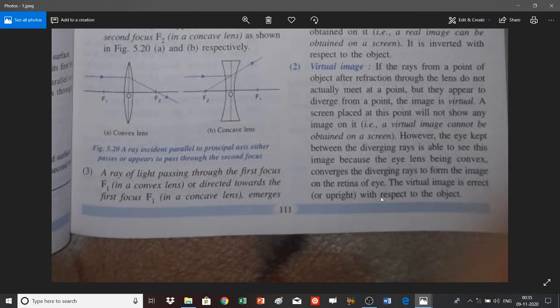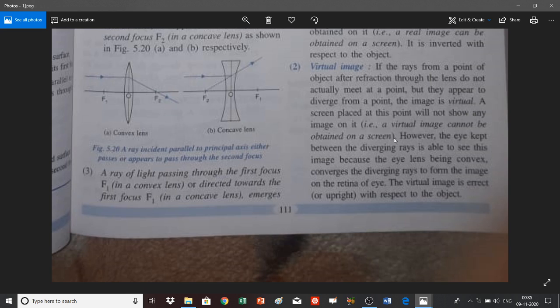If the rays from a point object after refraction through the lens do not actually meet at a point, but appear to diverge from a point, that is from this point, then the image is called virtual. If a screen is placed at this point, you cannot obtain the image on the screen.